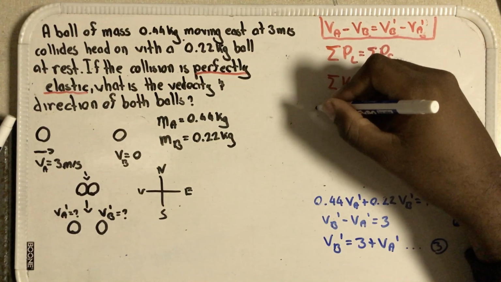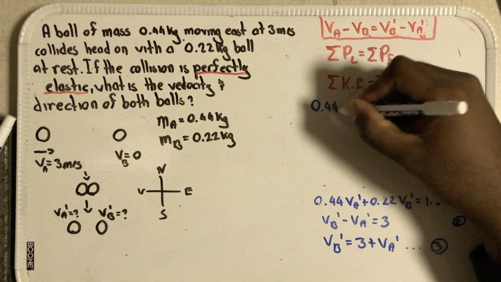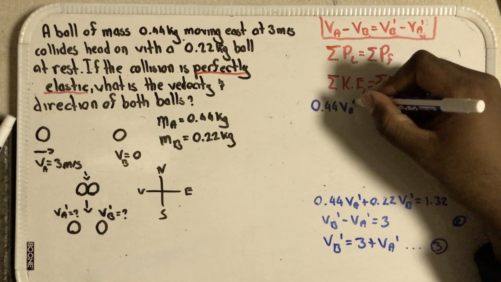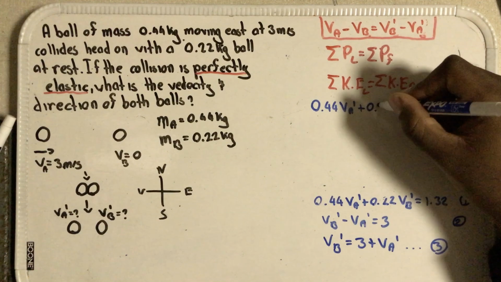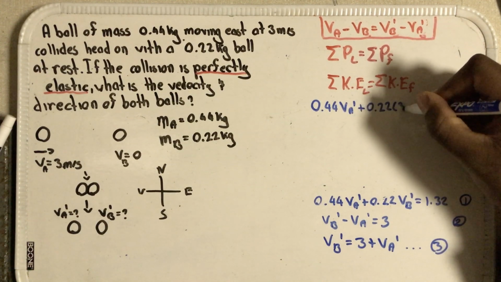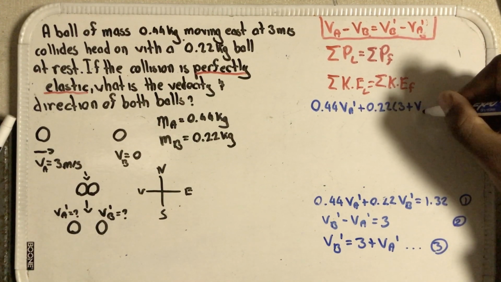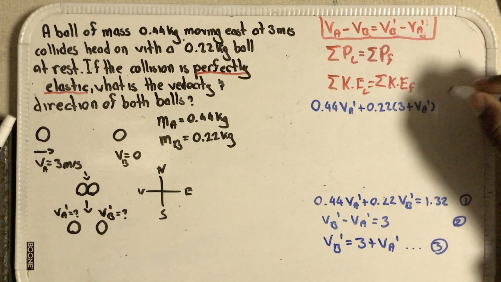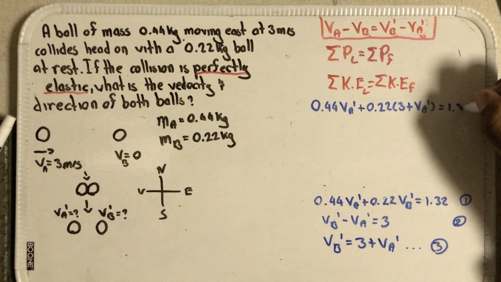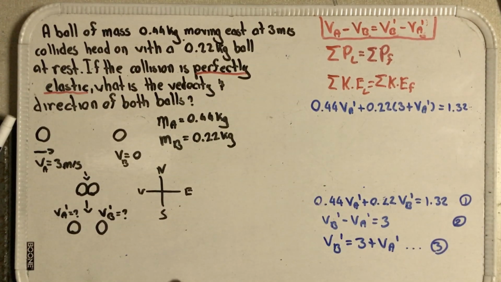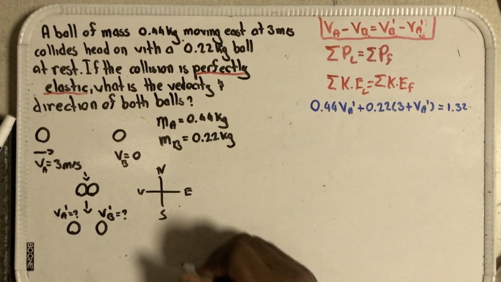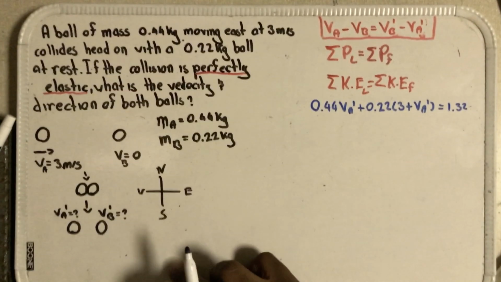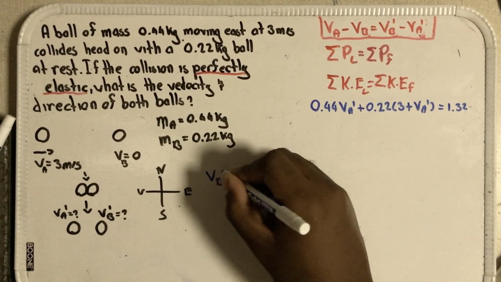So when I get up here, 0.44 times final velocity of A plus 0.22 times 3 plus the final velocity of A is equal to 1.32. You can always go back to take another look at the equations. I'm just erasing so I can move down in a linear fashion, but I'm going to write this here because I'm going to need this later on.